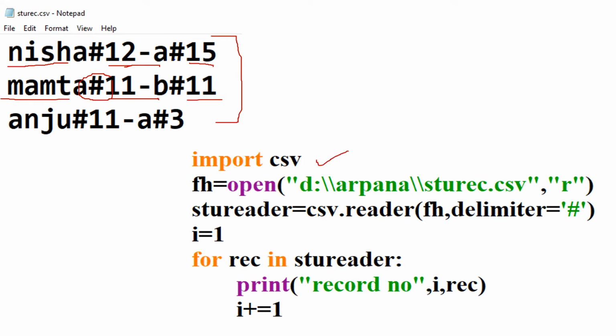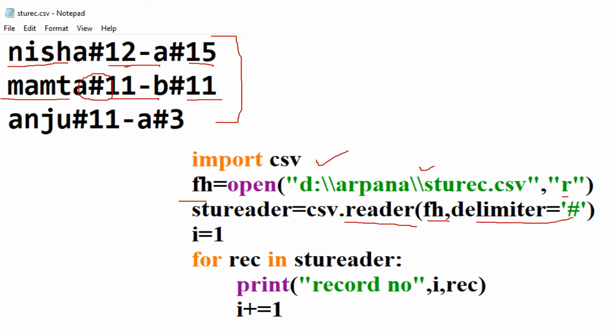Next you will open the file for reading, using the open function, file name and the mode, that is r mode, with the file handle on the left hand side of the equal to, and then using the reader function you will fetch the records of the file, and with reader you have to use the file handler. Now for the delimiter character you have to use the delimiter argument specifying the delimiter character, which is hash here.